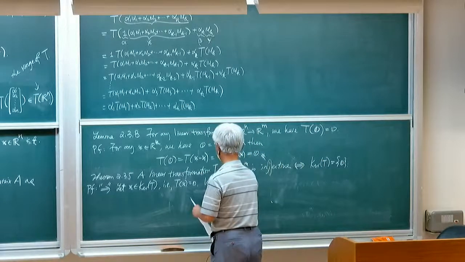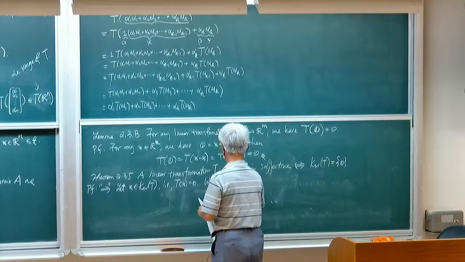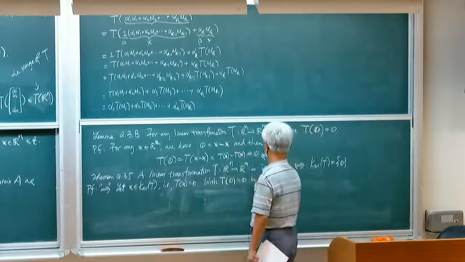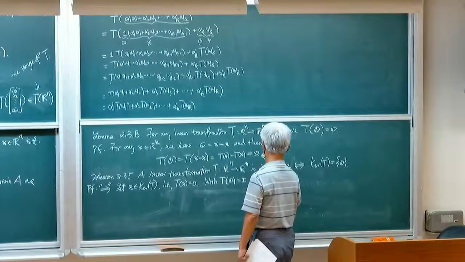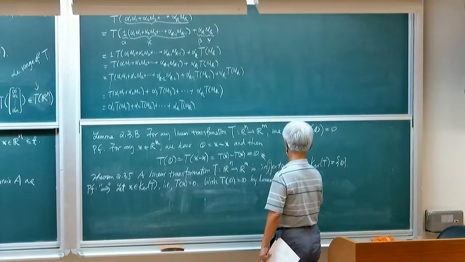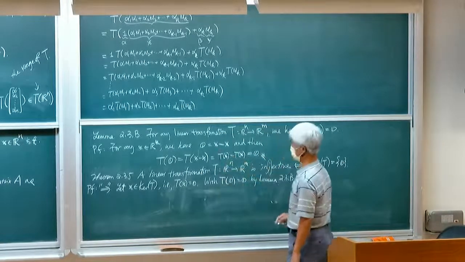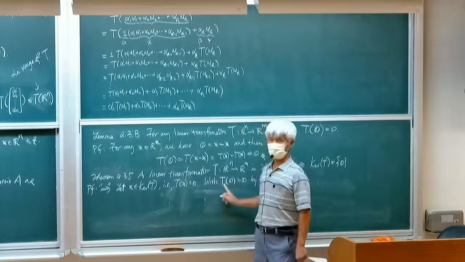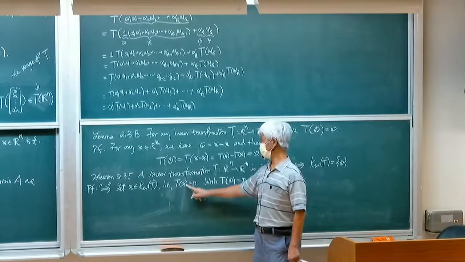Now we know T0 is 0, right? By lemma 2.3.b. We know that T0 is 0. So x and 0 have the same value, 0, right? Tx is 0.